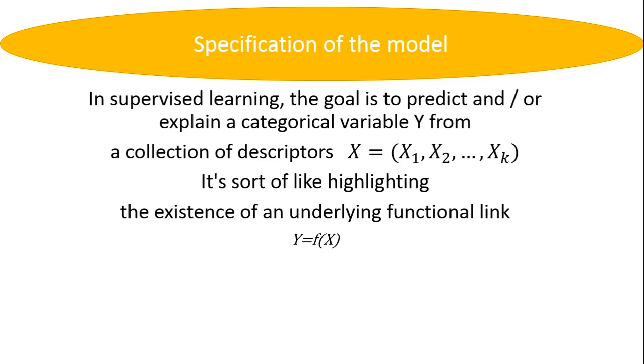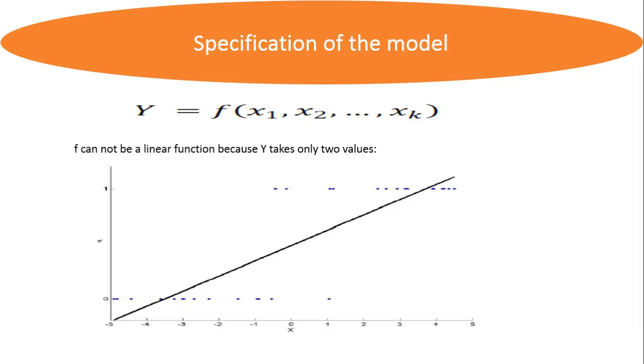It's sort of highlighting the existence of an underlying link function. So we are searching for an underlying link function between our binary variable and the descriptors. In this kind of specification, the function that relates y to the descriptors cannot be a linear function because y takes only two values.